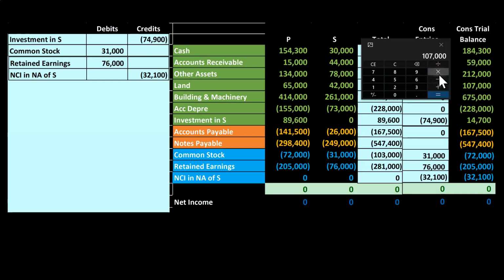So the non-controlling interest must be 100 minus the 70, or 30%. So times the non-controlling interest, 30%, 0.3, that's the 32,100.